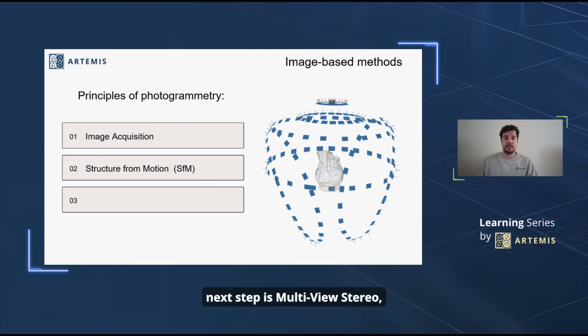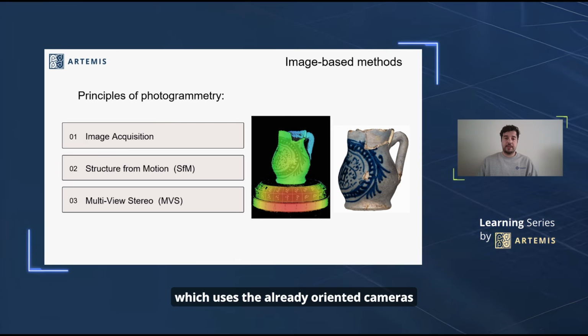The next step is multi-view stereo, which uses the already oriented cameras to estimate for each image a depth map, a map in which each pixel is associated with a distance from the camera. The slide shows an example of a depth map. By interpreting the depth maps generated from multiple overlapping images, the software produces a denser reconstruction, capable of describing the surface of the object or site with greater continuity.